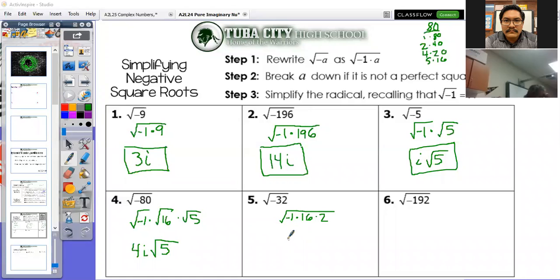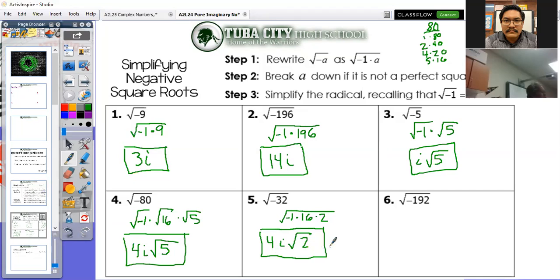All right, so -1, take that out, we get i. And take the square root of 16, we get 4. But we cannot do anything about this 2, so I'm going to leave it in the radical.